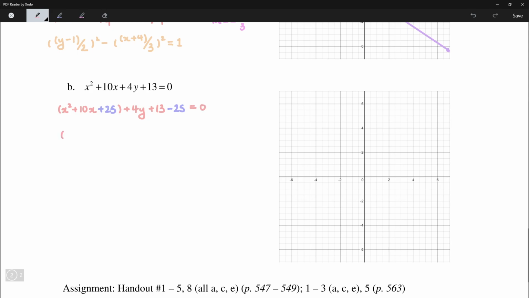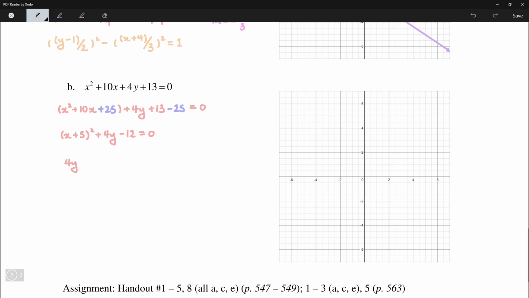Now we can complete the square. We can rewrite the first trinomial as (x plus 5) squared. And we can also combine the like terms 13 and negative 25 to get negative 12, or minus 12. That's going to be equal to 0. Next, we're going to try to isolate y by itself.